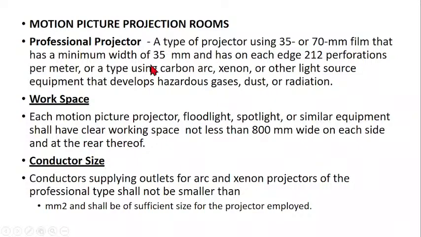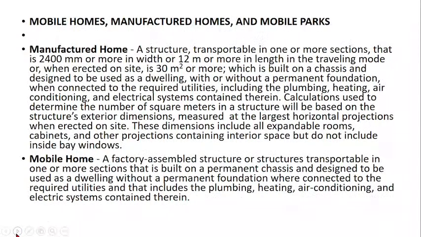No? So the workspace shall be not less than 800 mm wide on each side and at the rear thereof. No? Conductor size, so the conductors supplying outlets of arc and xenon projectors of the professional type shall not be smaller than the rated, no? Yung rated niya na tawag doon na mm, no?